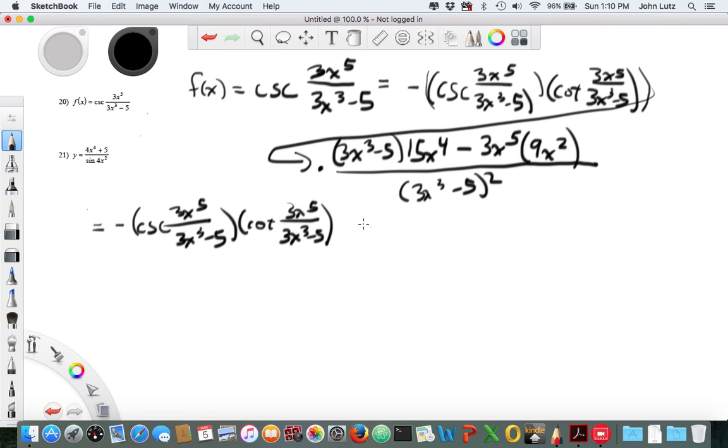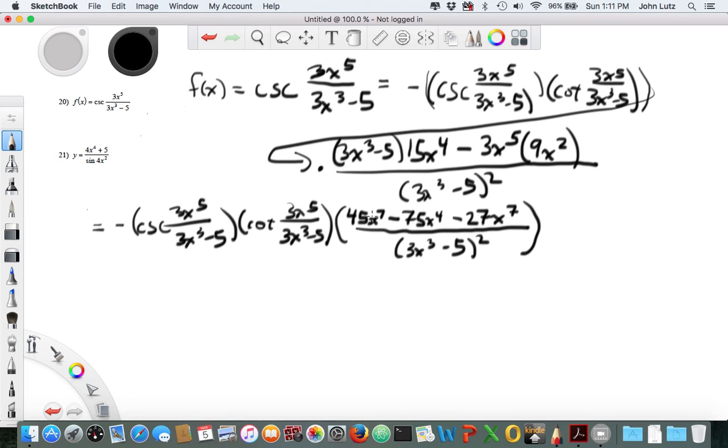now we're going to multiply all of this stuff together on top here. So that looks like 3x to the third times 15x to the fourth. 3 times 15 is 45, so I've got 45x to the seventh minus 75x to the fourth minus, and then 3 times 9 is 27, and I add those exponents, x to the seventh, all over 3x to the third minus 5 squared.